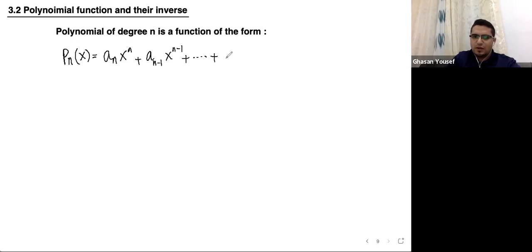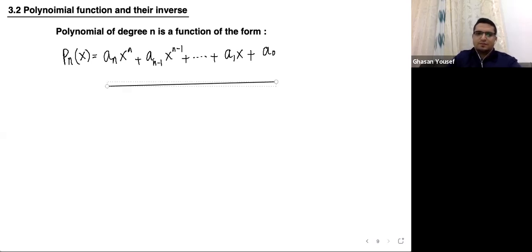We just keep continuing until we arrive at a_1 x to the power 1, or x, plus a_0 times x to the power 0, which is 1. So a_0. We should know all of these are called coefficients.